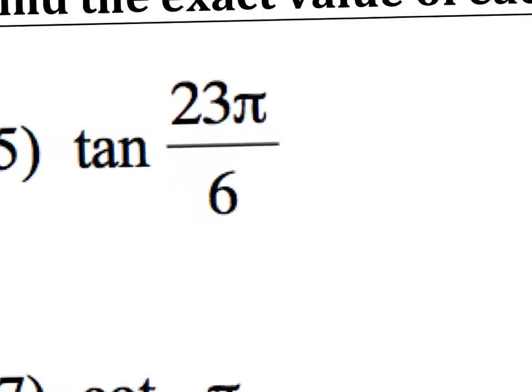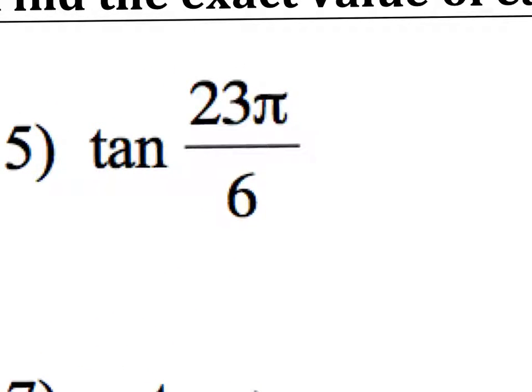Unit circle trig. Starting out with tangent of 23 pi over 6. First thing is sketch this, and I know that 23 pi over 6 is pretty big. I might try to make this a little bit more digestible for me.